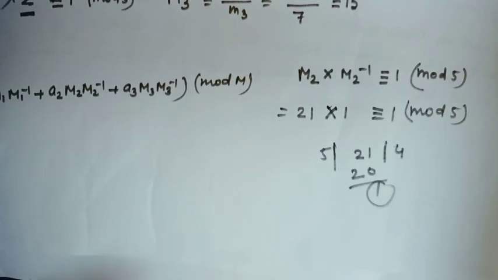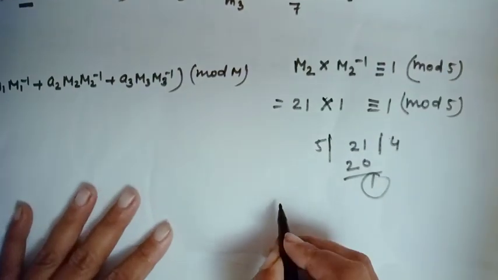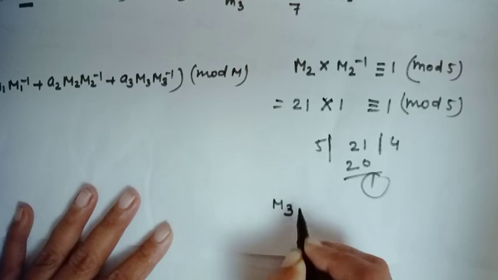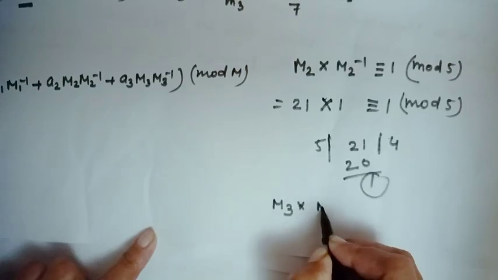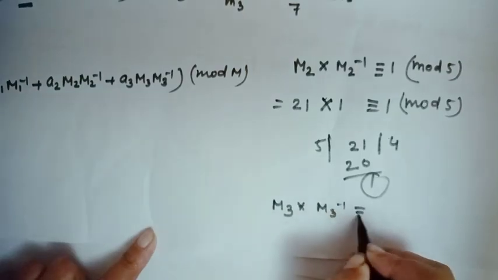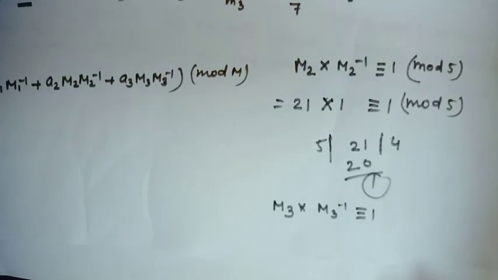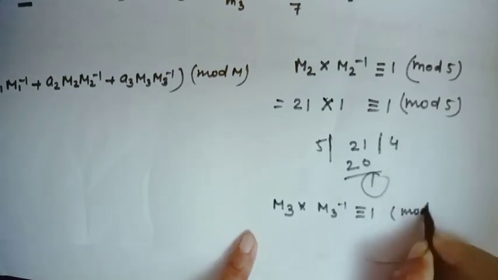Now we have to find M3 inverse. M3 times M3 inverse is congruent to 1 modulo 7.